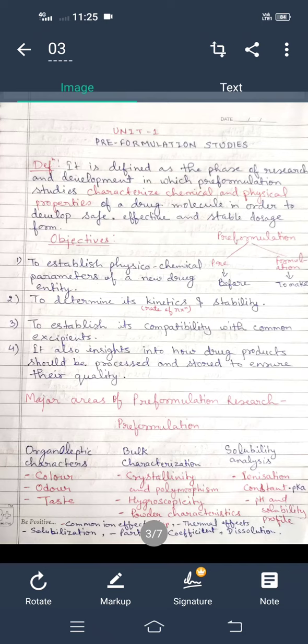The third objective is to establish compatibility with common excipients. And our fourth objective is to gain insight into how drug products should be processed and stored to ensure their quality for a longer duration of time.